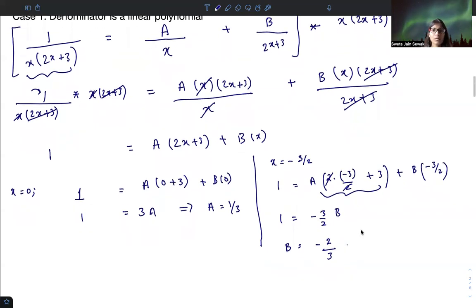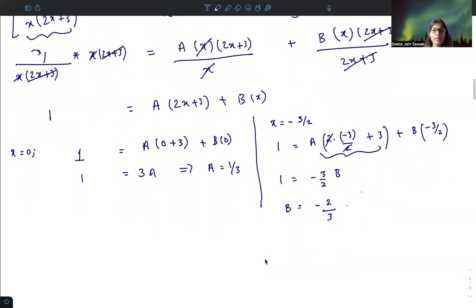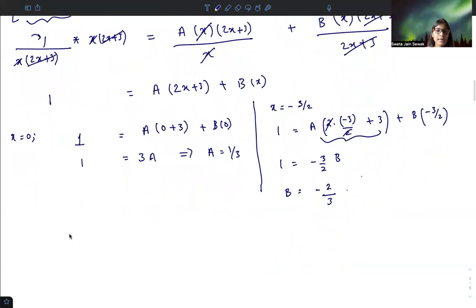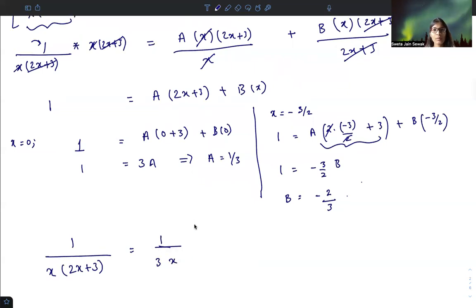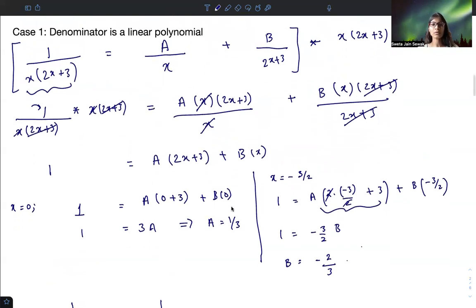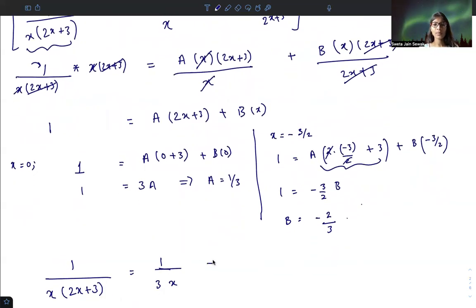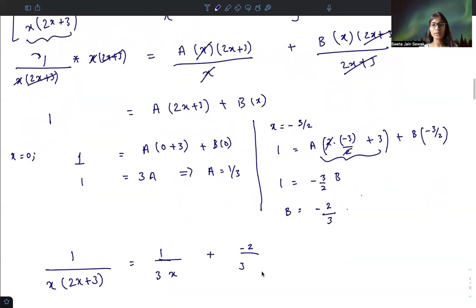So we've got the values of A and B, and we now just need to write the final answer. 1 over x multiplied with 2x plus 3 can be written as A over x, which is 1 over 3x, plus B over 2x plus 3, but B in this case is negative 2 over 3. So plus negative 2 over 3 times 2x plus 3.